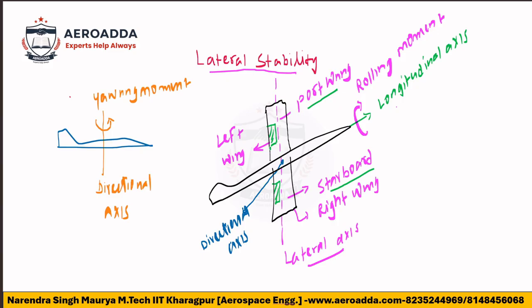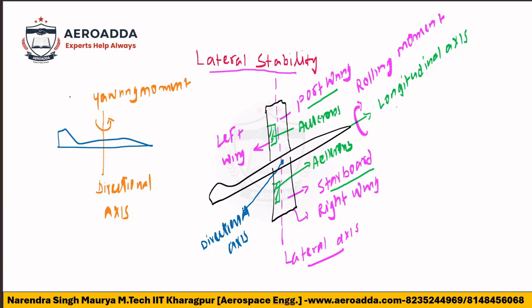To make it stable you use the control surface, and that control surface is nothing but the ailerons, which I have already explained. Ailerons on both sides. These ailerons are the control surface for lateral stability, for the rolling moment.